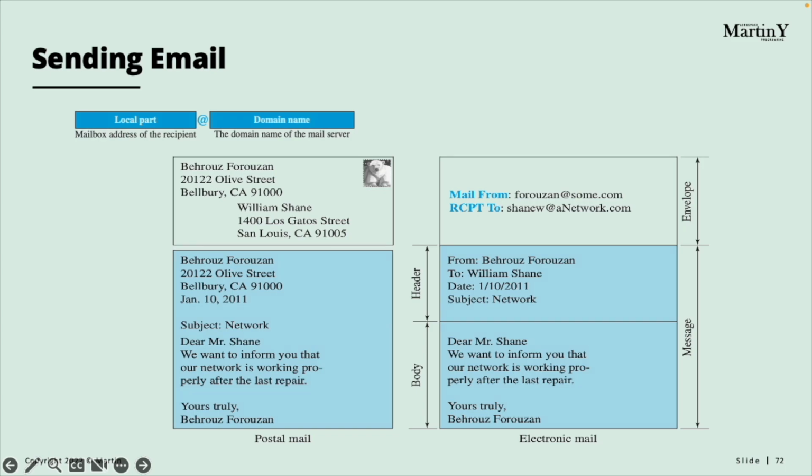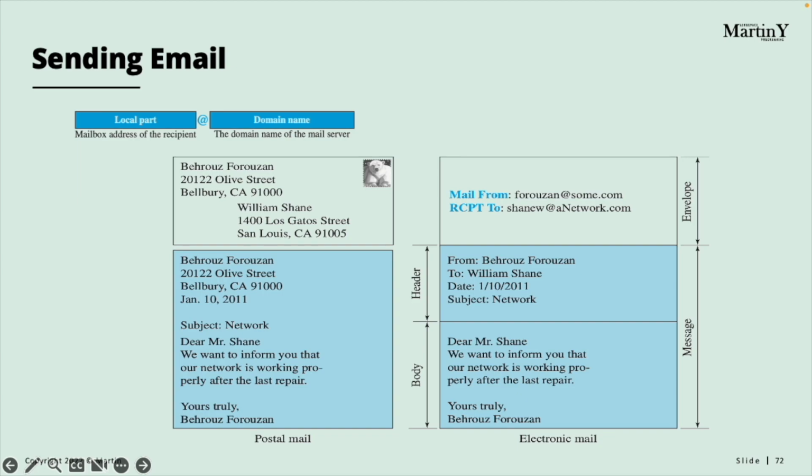You also have the mailbox domain name. The domain name is usually the name of your mail server. So you have at gmail.com, at yahoo.com. This is what it will identify.